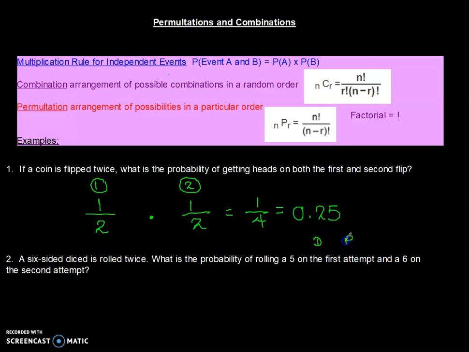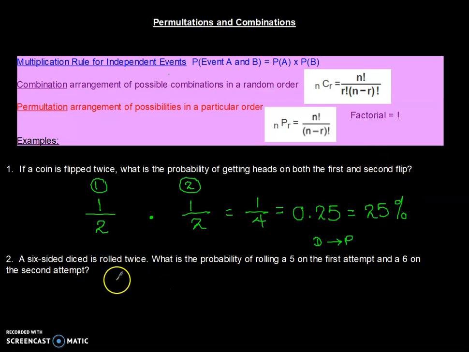D to P, you move the decimal over twice that way to go from decimal to percentage. And percentage to decimal, you would move the decimal twice that way. Just a little fun fact. You don't have to know that, but just saying. So the probability of getting both heads on the first and second flip would be 25%.